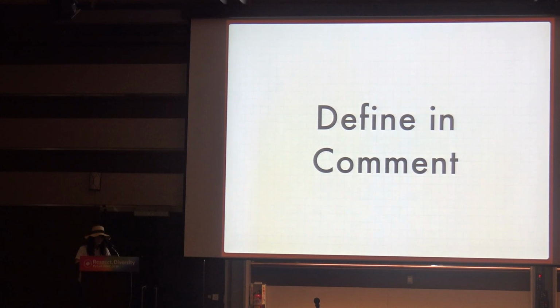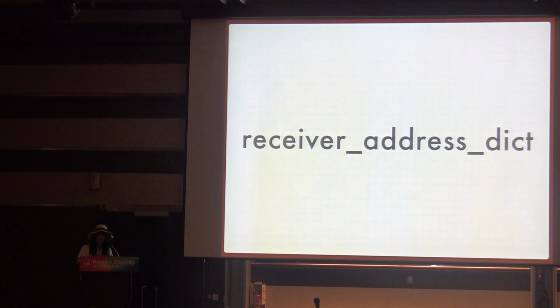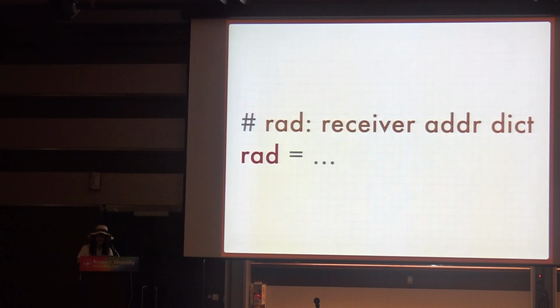Use a simple acronym, like receiver address dictionary. You can use an acronym like RAD. It's very simple, but in some cases, like an inside util function, you may handle this variable very often. So if you use the full name, it will be very hard to maintain in a function.